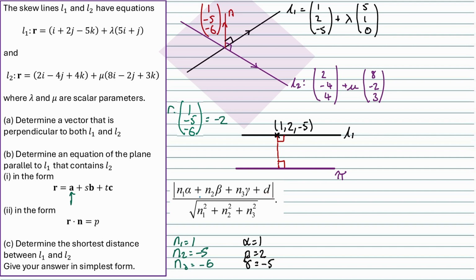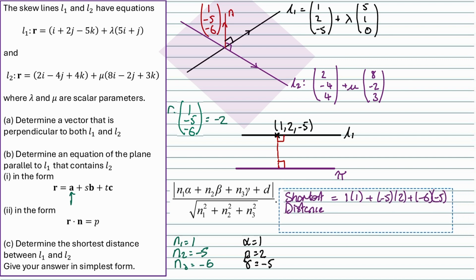And to work out d, we need to move this over to the other side, and when this d becomes +2, we'll substitute them all into here. So the shortest distance will be n1 times alpha plus n2 times beta plus n3 multiplied by gamma, plus that +2.